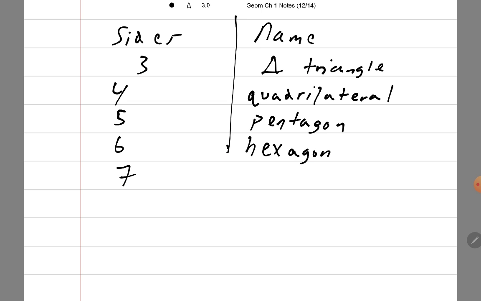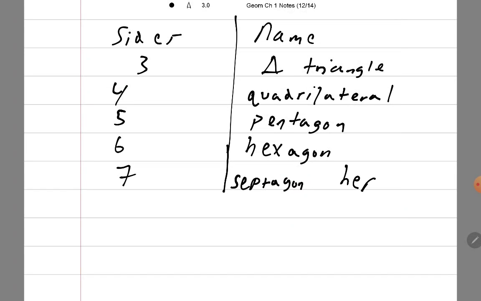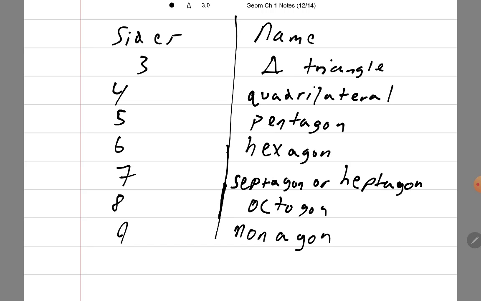7. So this one, you can say septa, and I'll allow it. Septagon. Or heptagon. 8, octagon. 9, nonagon. 10, decagon.